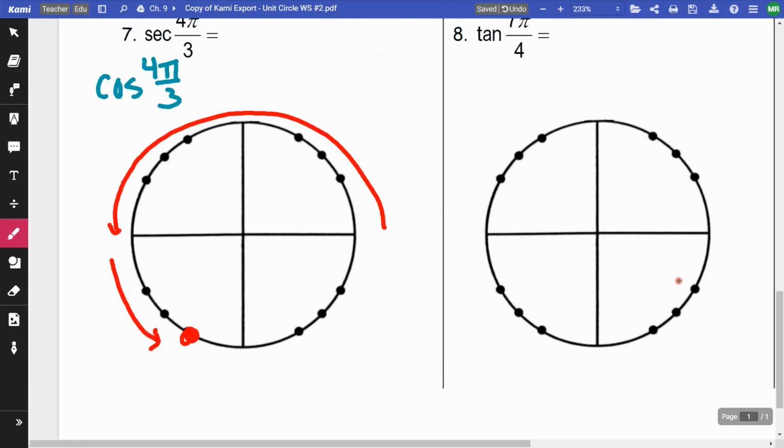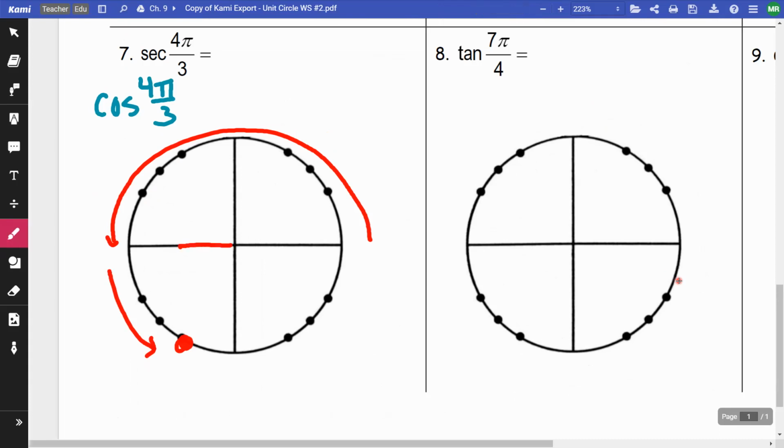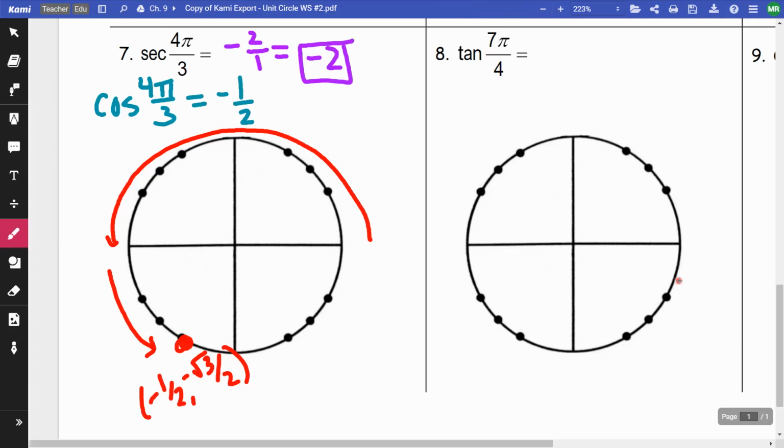And so the coordinates of this are short, comma, long, so it's going to be a -1/2, comma, -√3/2. Cosine is the x, so that's going to be equal to a -1/2. I want the secant, which is going to be the reciprocal of that, or a -2.